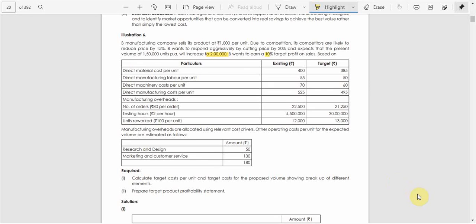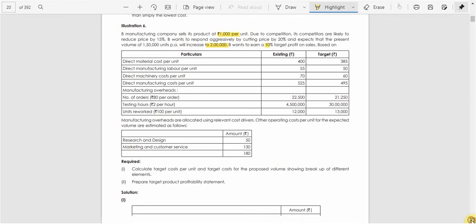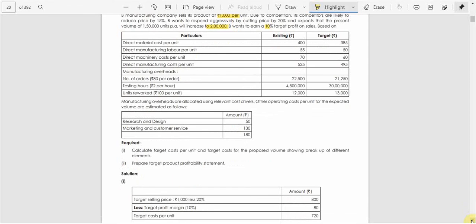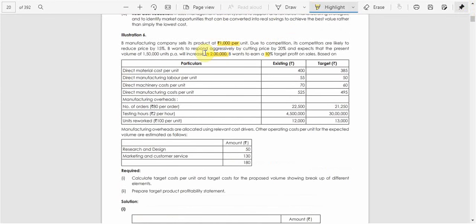So how to solve this problem? Here the product is at 1000 per unit, the selling price is given, right? The target selling price is 1000 less 20%. So in the problem it is given that he wants to reduce the price by 20%.